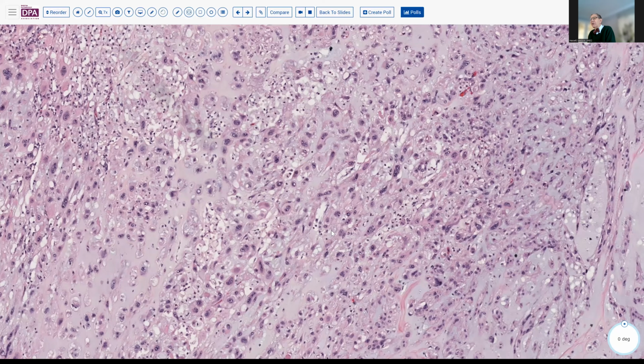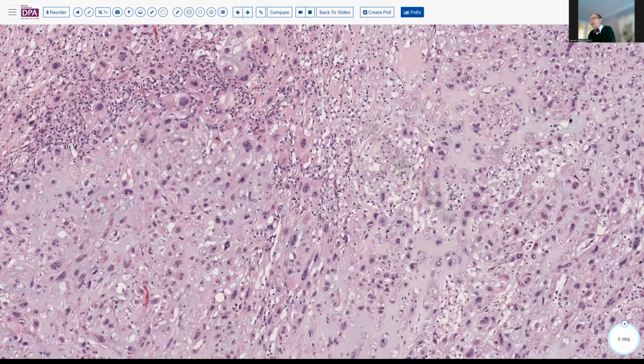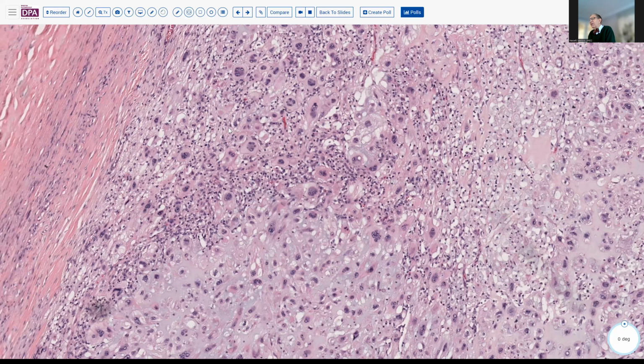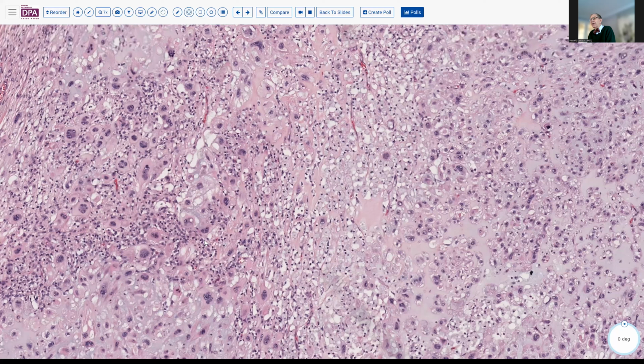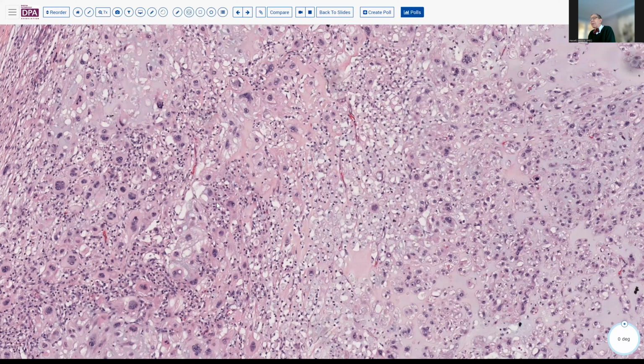So I include this just to remind ourselves that there's a spectrum of morphologic changes from the very bland, such as the previous one, to the more worrisome lesions such as this. This is definitely a lesion where you'd be considering other neoplasms as possibilities. And you can see we've got some mitotic activity and so forth here as well.